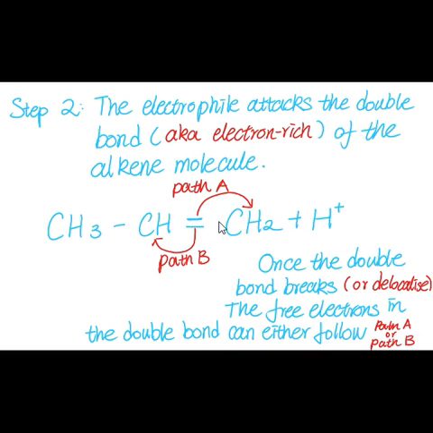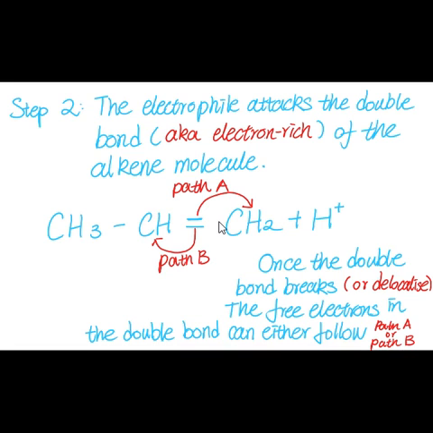Now that an electrophile is introduced into the system, it will target somewhere which is very electron rich, because it wants electrons, right? Electrophile. So this electrophile will target the double bond in the alkene in an addition reaction.